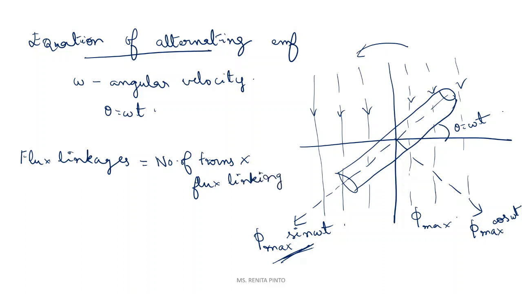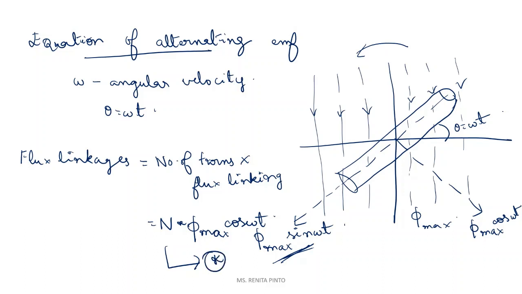Now I have already told we are going to consider a coil which is having n number of turns. So n into flux linking. The flux linking at the point when theta is equal to omega t is phi max into cos omega t. So we need to remember this. Let me mark it as star.